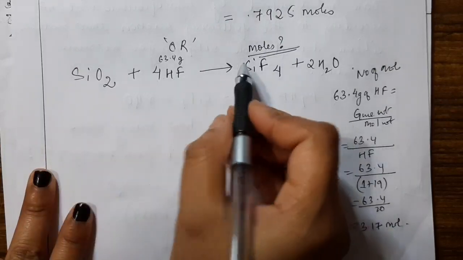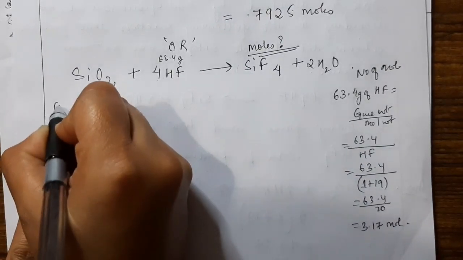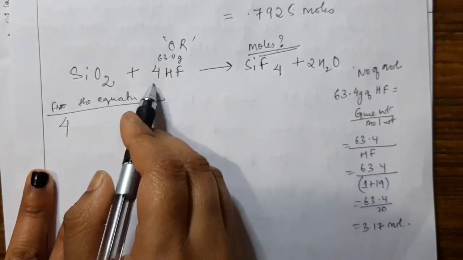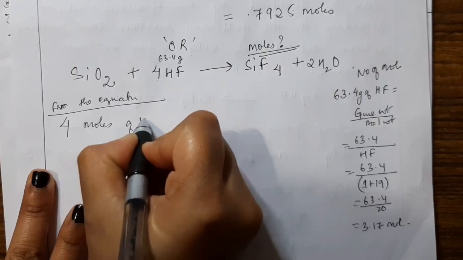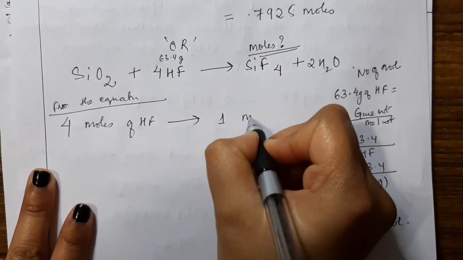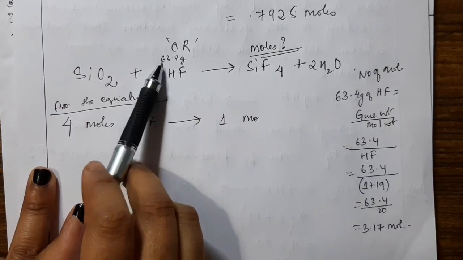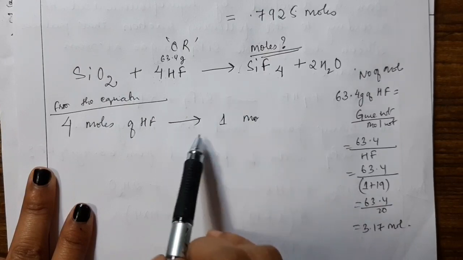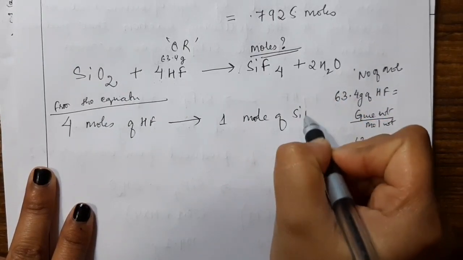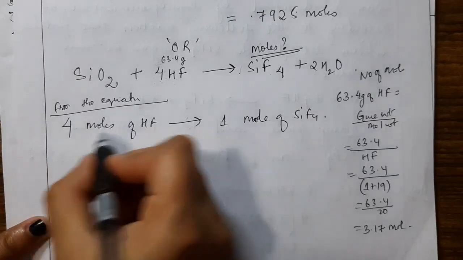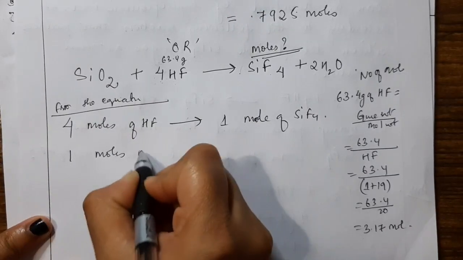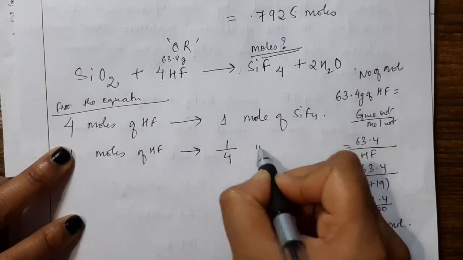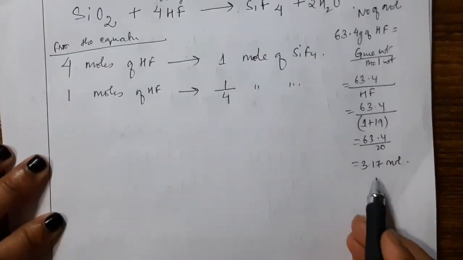From the equation, what we have got is 4 moles of HF is giving you 1 mole. 4 moles means, have a look, the coefficient out here, 4 HF is there, no? So 4 moles. 1 SiF4 is there, so 1 mole of SiF4. So 4 moles of HF gives 1 mole, then 1 mole of HF will give you 1 divided by 4 moles of SiF4. Then how many moles we have got? 3.17.